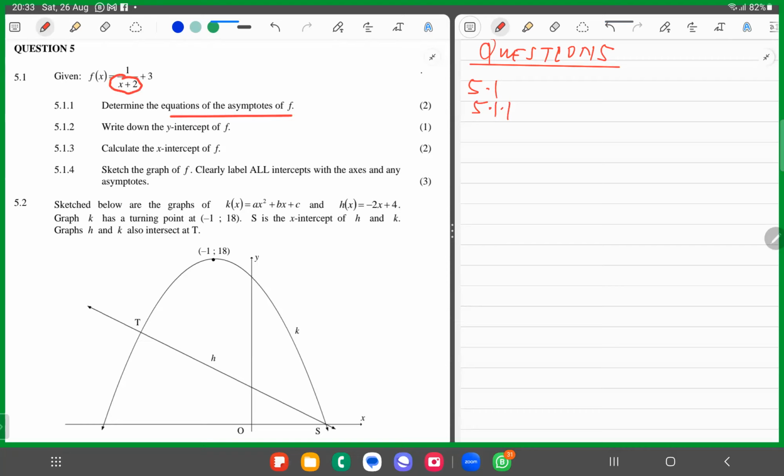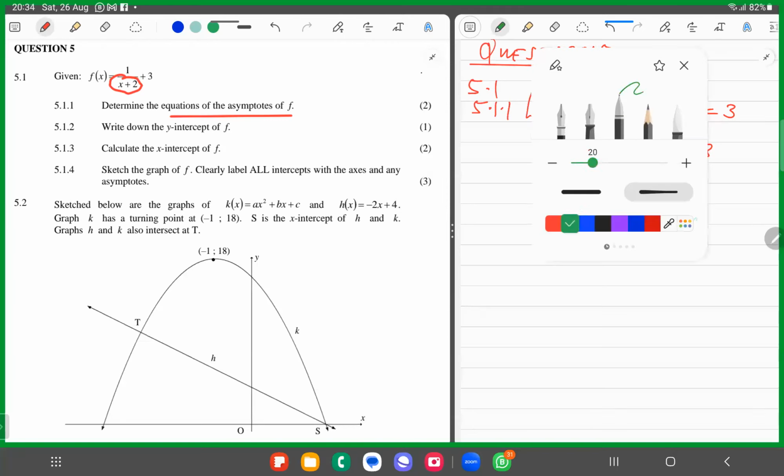For the asymptotes, you let x plus 2 be 0 in the denominator, and then you let y be equal to 3. Which means x is minus 2, and the other one is y equals 3. So we have those two asymptotes.